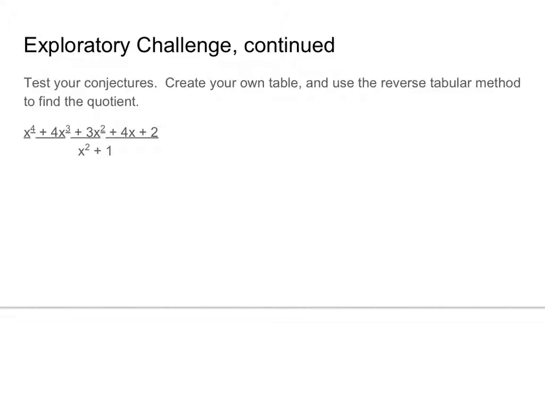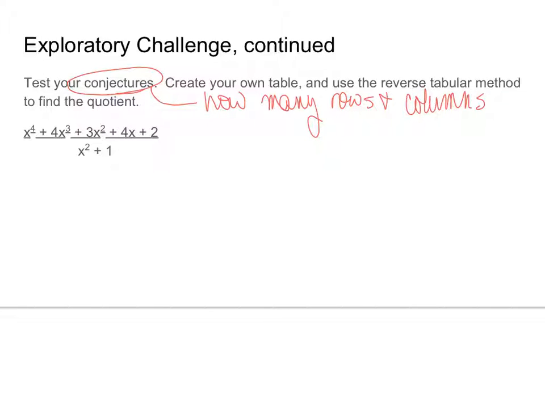A conjecture I want to talk about really quick is how many rows and columns we need on our reverse tabular method. Okay, if you look at this problem, it's x to the fourth is where we're going. If you look at the previous problem, you have it on the sheet there in front of you.